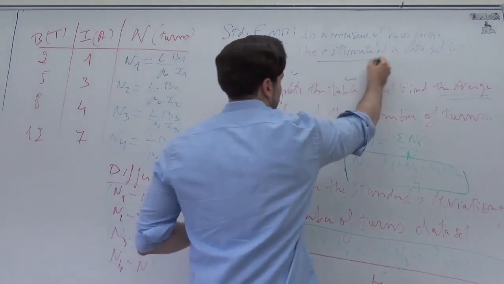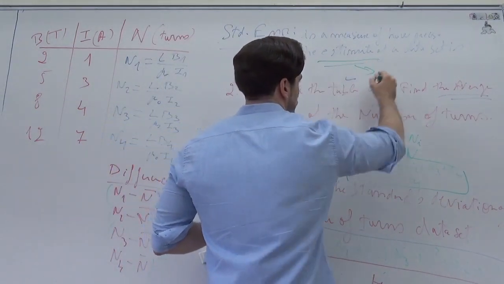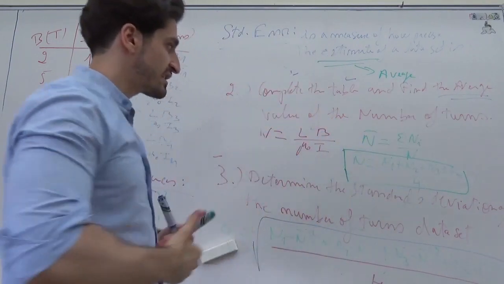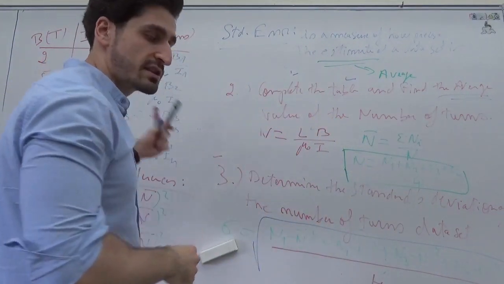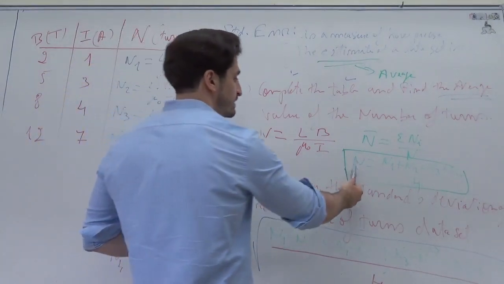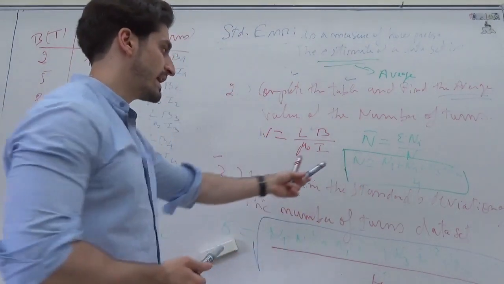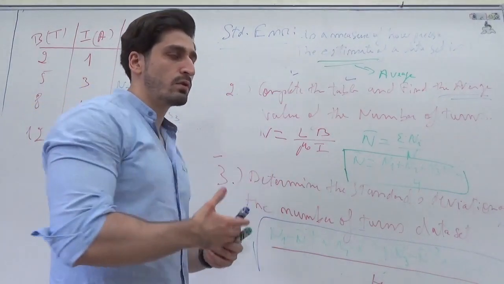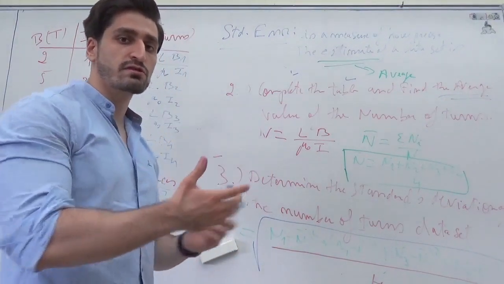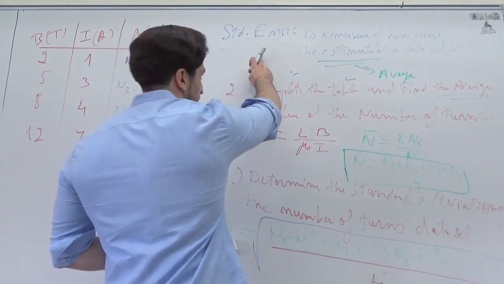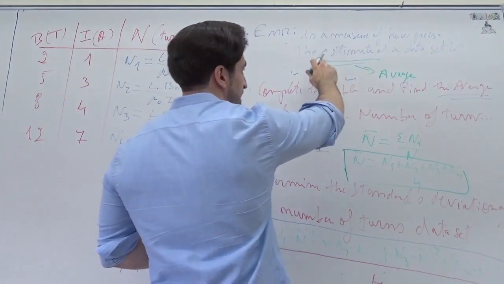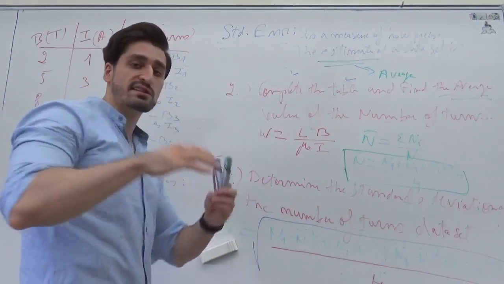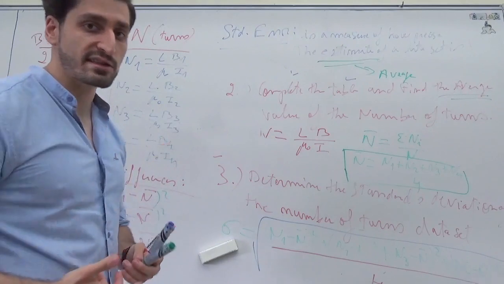The estimate in our case is going to be none other than the average. Why is it an estimate? Because like I said before, if you were to change the conditions of the experiment, that average value over here is going to change. So what we are obtaining over here is an estimate of what the real value or what the average value should look like. So the standard error is simply a measure of how precise the estimate of a data set is, whereas standard deviation is a measure of variability of a data set.